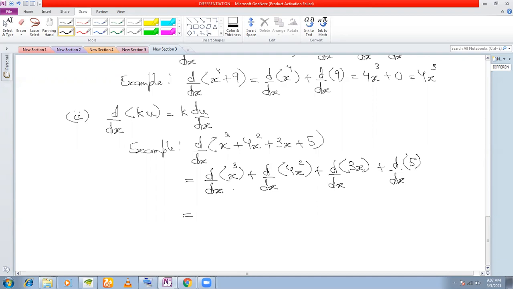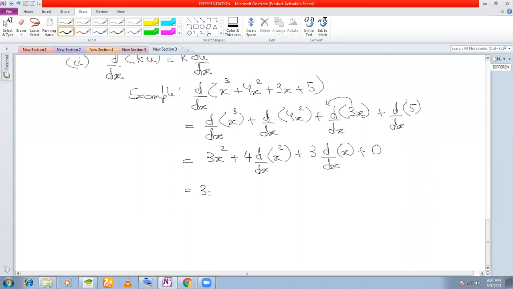Okay, so d/dx of x cube is 3x square, and here this 4 will come out because of this rule, d/dx of ku is equal to k du/dx. This 4 will come out of the differentiation. We'll get 4 times d/dx of x square, and this 3 will come out of the differentiation here. We get 3 d/dx of x, and d/dx of 5 as a constant will become 0.